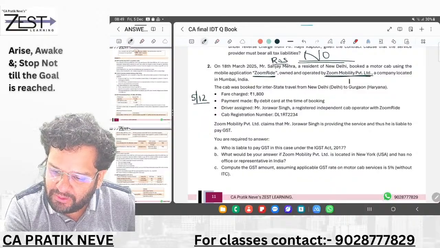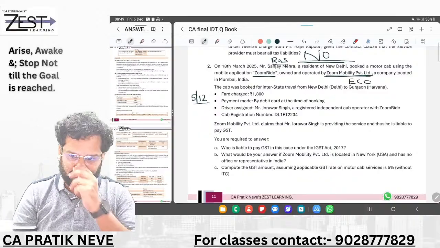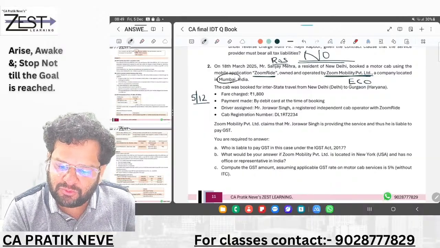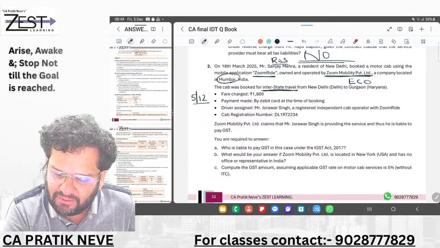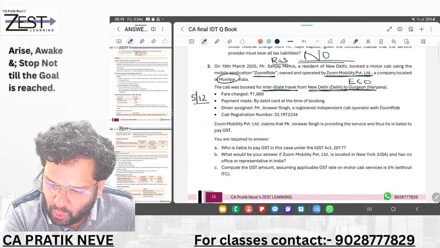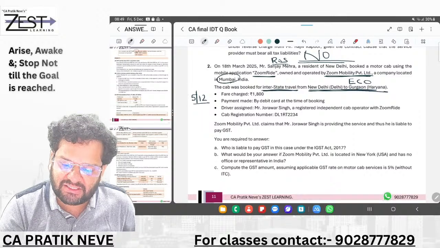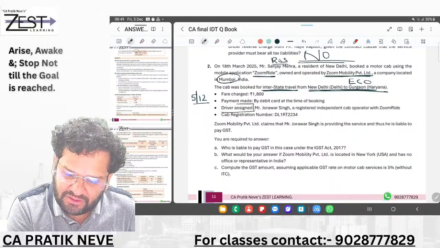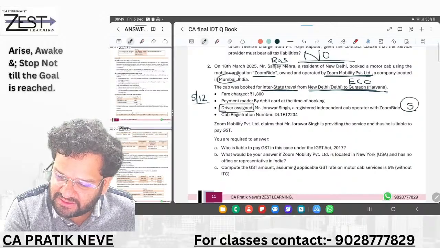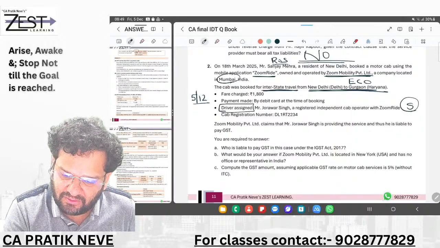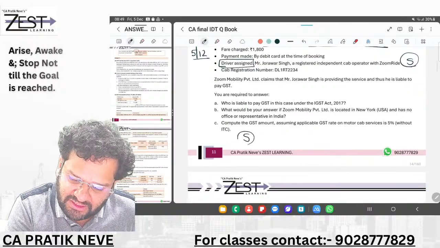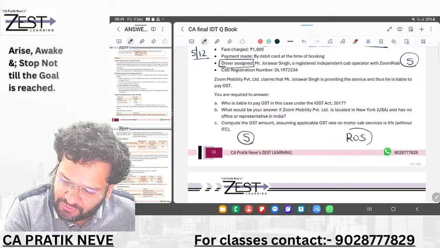So can I say Zoom Mobility Private Limited is ECO? Company located in Mumbai. The cab was booked for interstate travel from New Delhi to Gurgaon. Fare charged is 1800. Payment made by debit card. Driver assigned. This driver assigned is the supplier, Joravar Singh. Okay. Now you know what I'm talking about. Here is a supplier. Here is a recipient of supply.